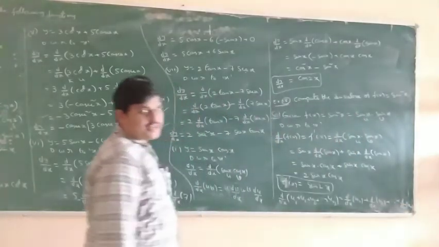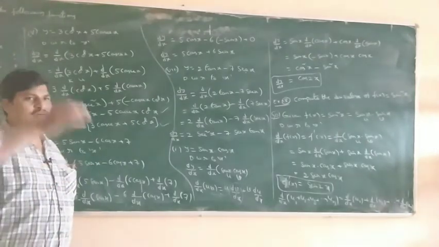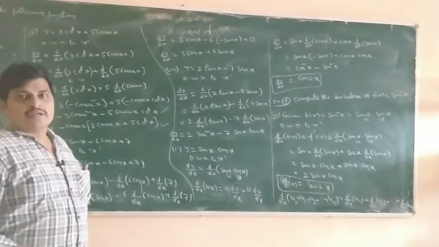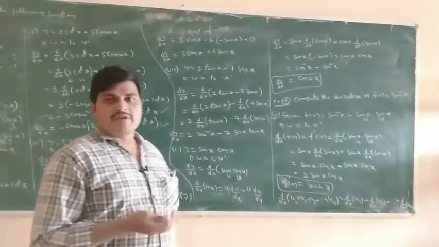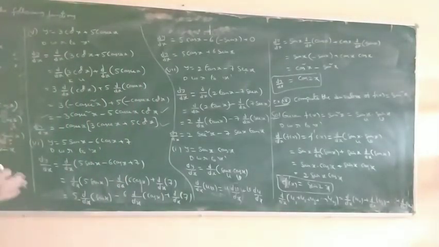Not only two functions, but infinite functions, with plus or minus in between. Next, derivative of k into u is equal to k, a constant, which is separated from the derivative, times derivative of u.